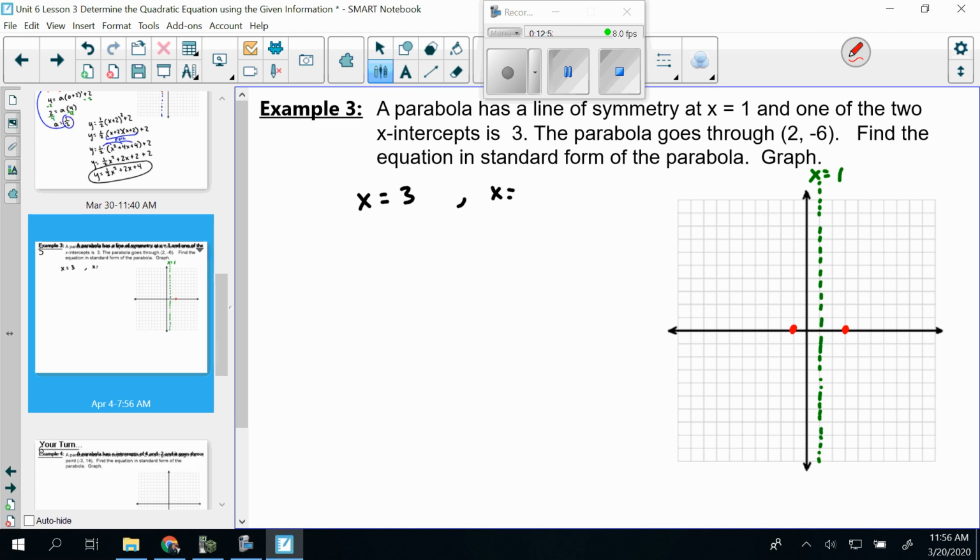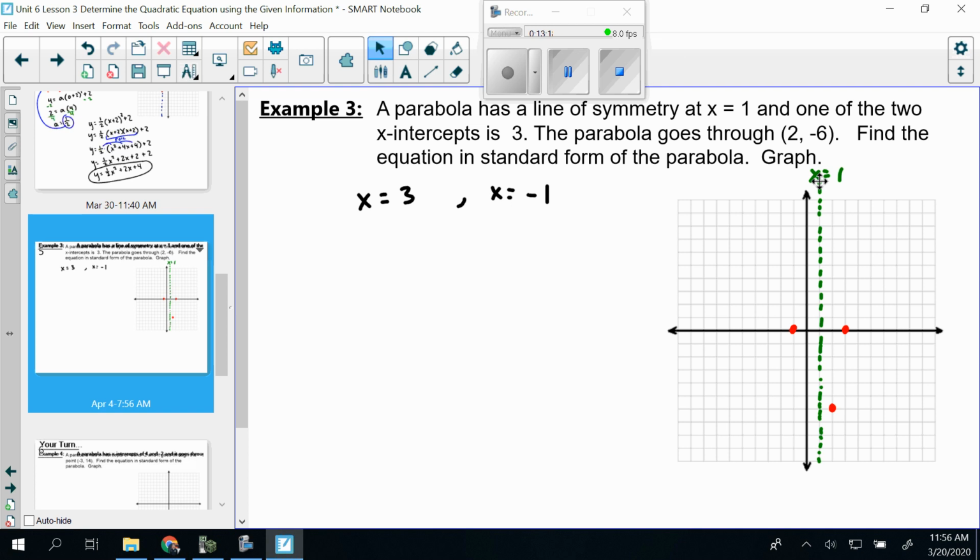That means the second x-intercept has to be 2 spaces away as well. So it looks like our second x-intercept then is at -1. And then finally they tell us there is a point on this graph at 2, -6. So let's put that point on there. So there's a point right here at 2, -6.